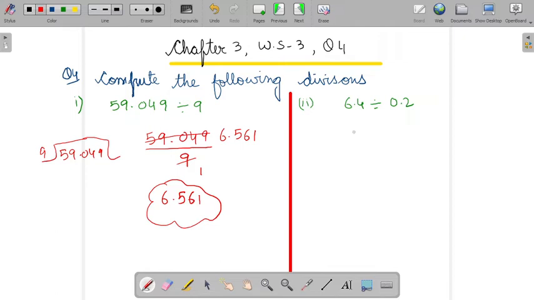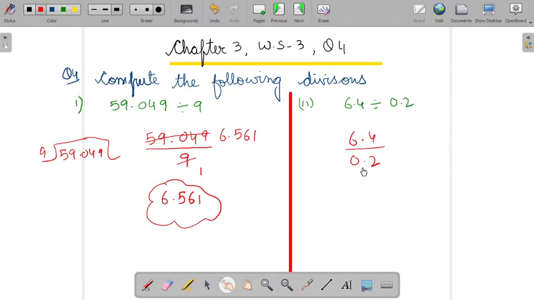In second part, this is 6.4 upon 0.2. So what is the difference? Is there any difference in first part and the second part concept? Tell me. Okay. In second part, the decimal is there in the denominator also.